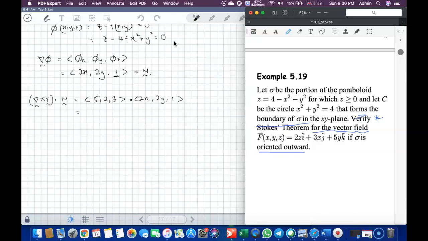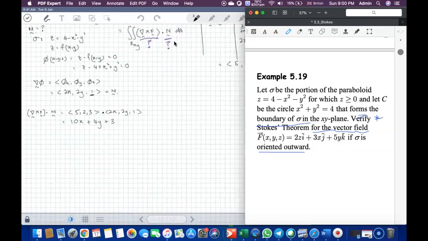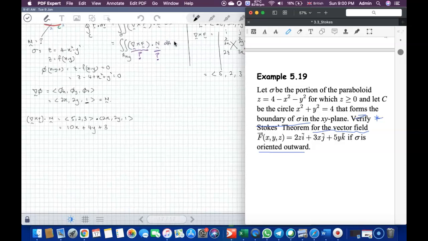So you will get 10x plus 4y plus 3. Don't forget, when you apply the dot product, your answer will be in scalar form. That is a common mistake, so please bear in mind.